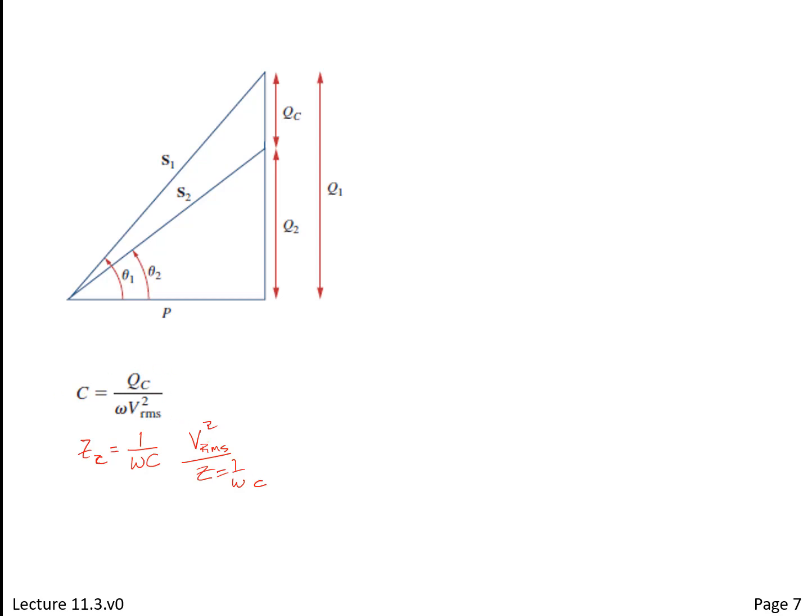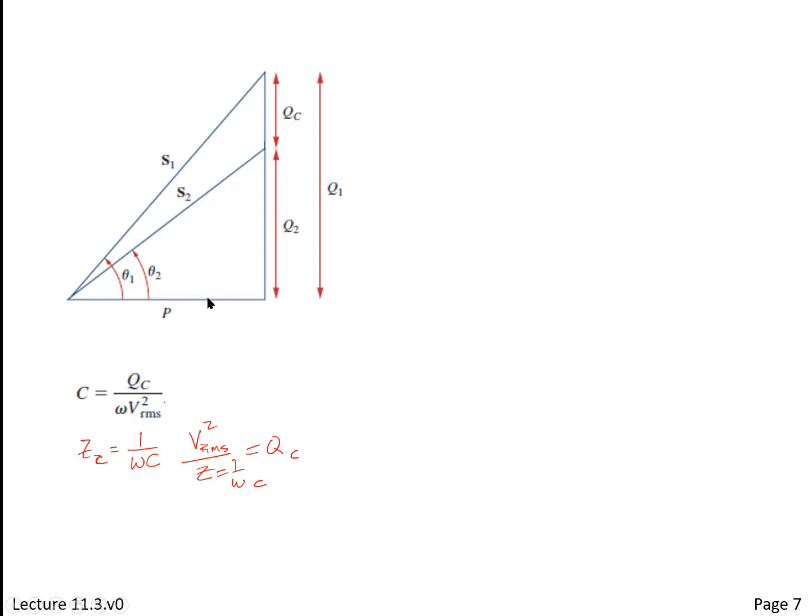This is Q sub C. So multiply both sides, I get Q sub C over omega C is equal to that, and if I solve for C, I get back to this. So that's all that was going on to get me this.